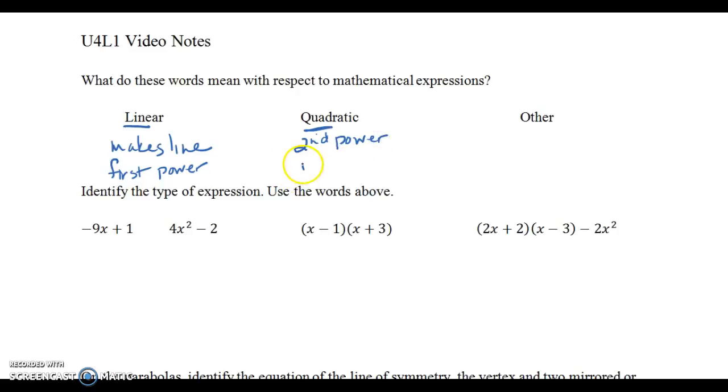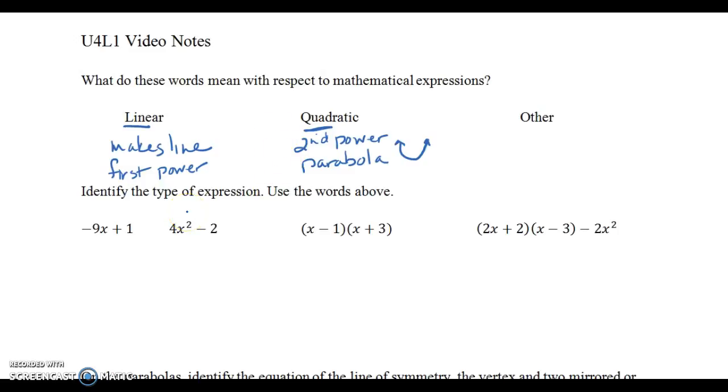And it makes a shape that looks like a parabola. And we're going to talk a little bit more about parabolas later, but parabolas are U-shapes, kind of like that, on the graph. So they can open upwards or they can open downwards. And then anything that doesn't fall into those two categories is other.